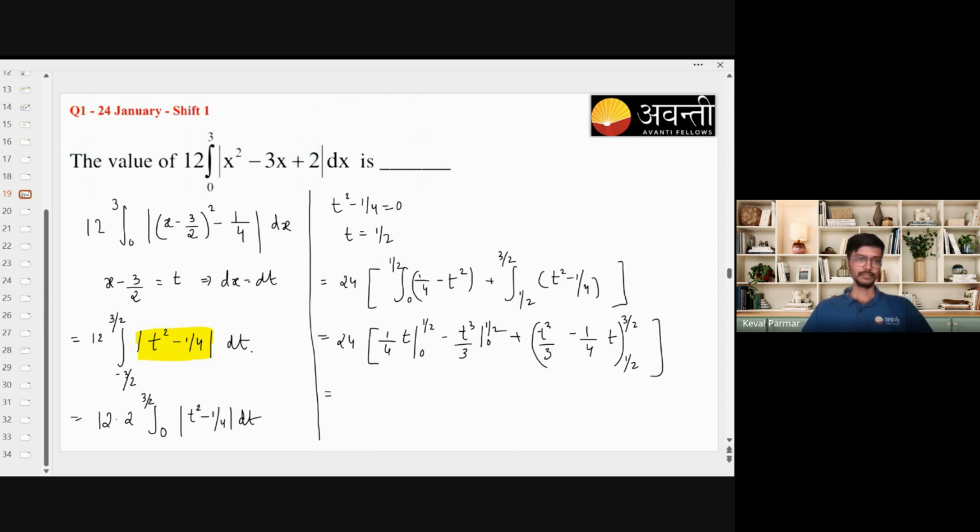So what do we get? 24 into 1 by 4 into 1 by 2 minus 1 by 2 cube, which is 1 by 8, so 8 3s are 24, plus 3 by 2 cube, which will be 3 square by 2 cube, so 9 by 8, minus 3 by 8, upper limit minus lower limit, minus 1 by 8, 8 3s are 24, minus 1 by 4, 2s are 8.